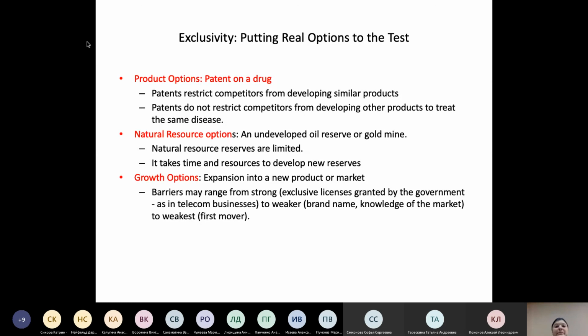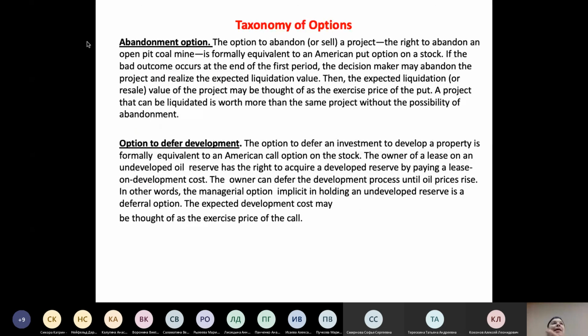Good, thanks a lot. And now let's start the classical taxonomy of options, or classical classification. Let's start the classification of our real options. As I said earlier, there are different kinds of real options.